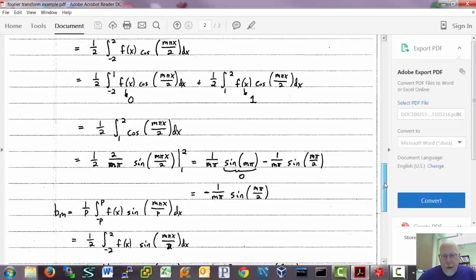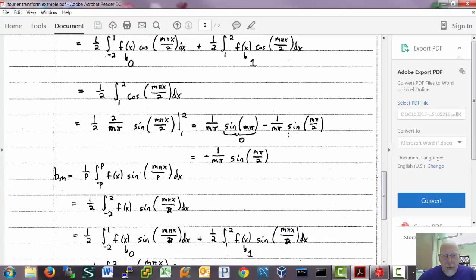Those are always 0. And then when we plug in the 1, we end up getting sine of m pi over 2, and that's actually 0 when m is even, and when m is odd, so for example, sine of pi over 2, that's 1. If m is 3, sine of 3 pi over 2 is -1.